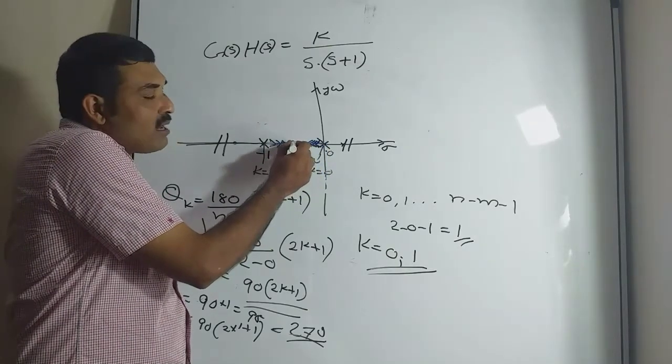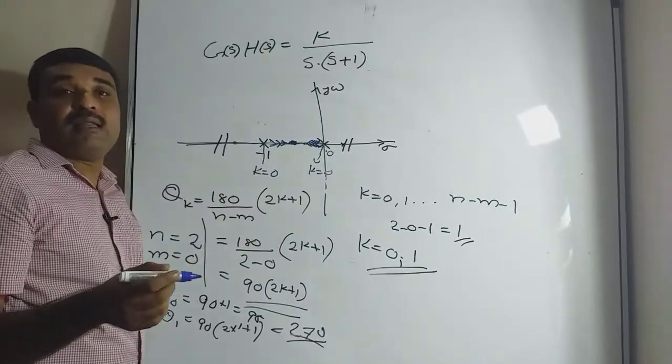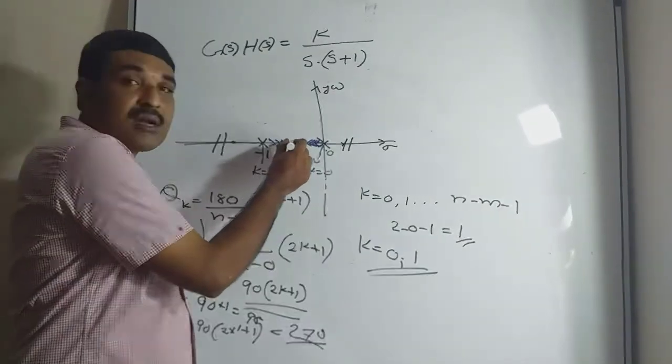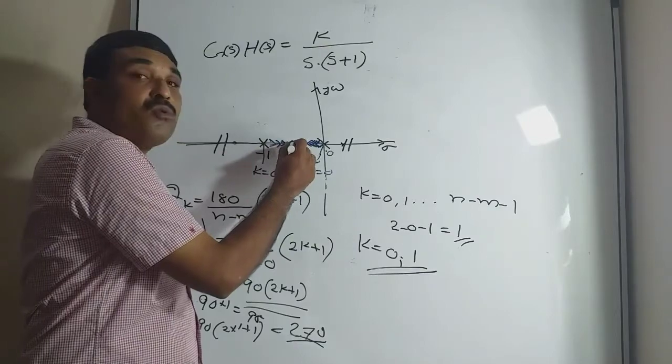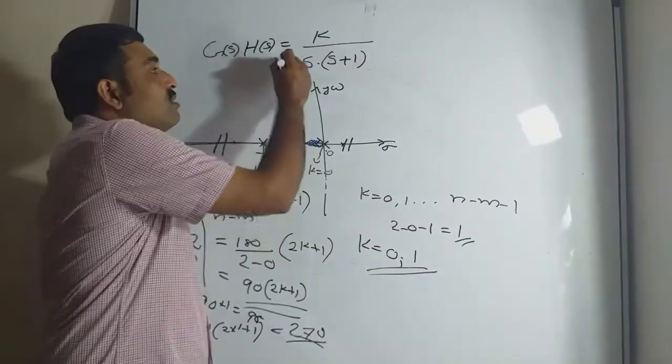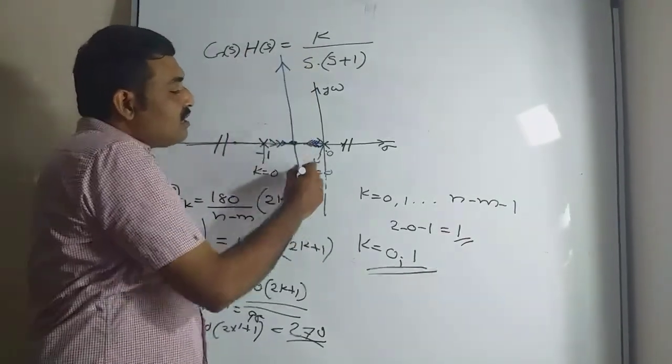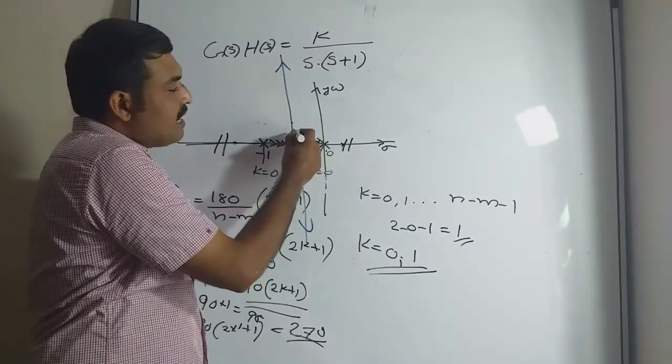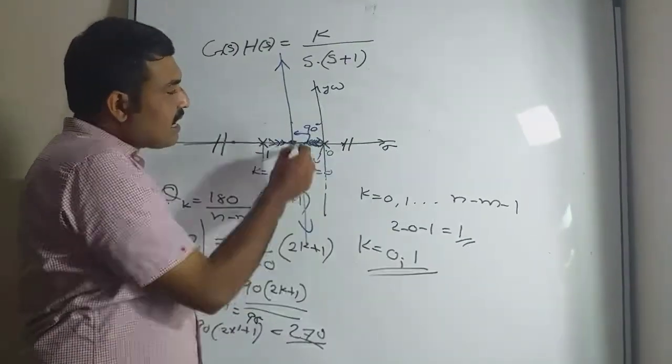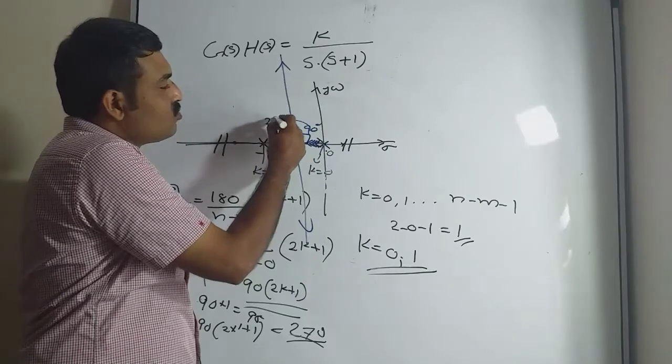At a particular point, called the breakaway point, these two root locus branches will meet and then move along the asymptotic lines towards infinity. We know that the angle of asymptote is 90 degree, and the second angle is 270 degree.